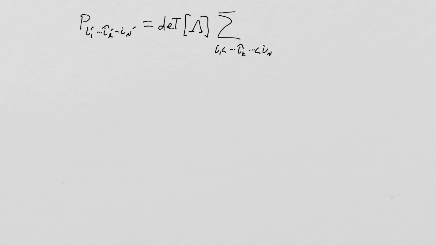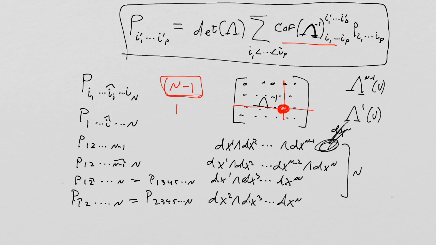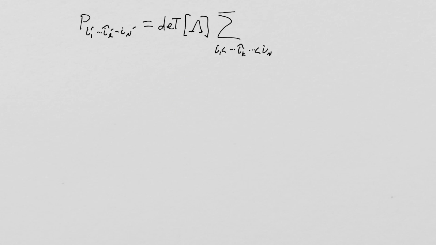So this sum is now a sum over all these ascending sequences of indices, where basically I'm omitting just one. So we already showed that it's really a sum over this series of indices, right? There's going to be n parts, where I omit each one in turn, for example.